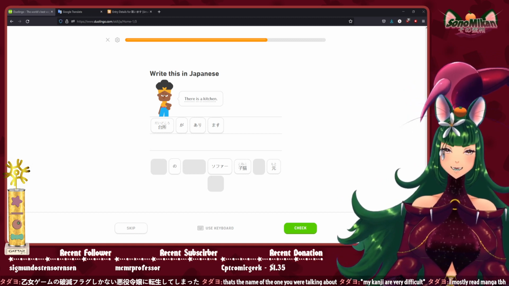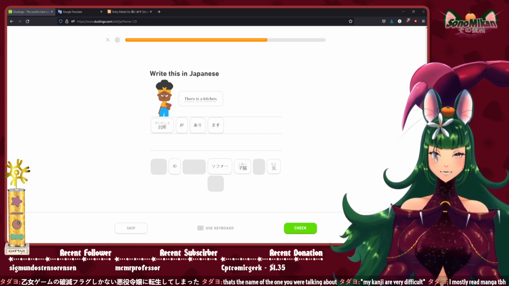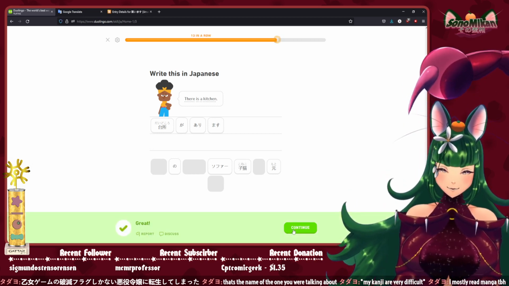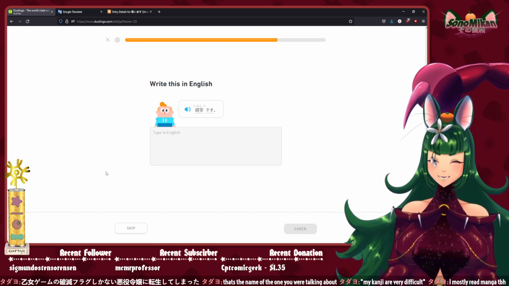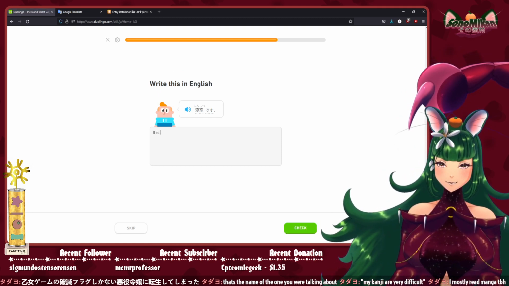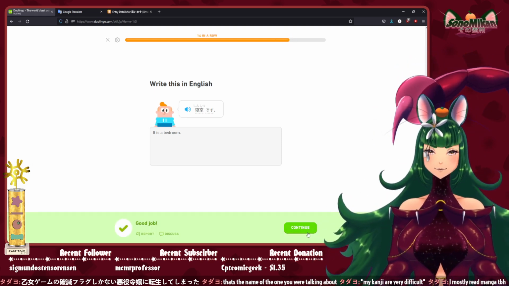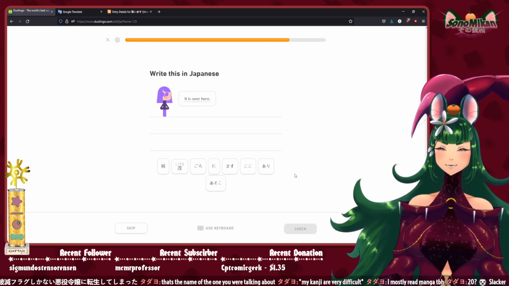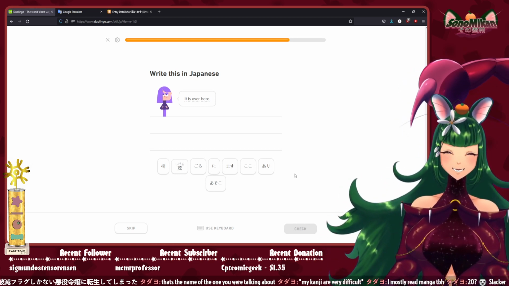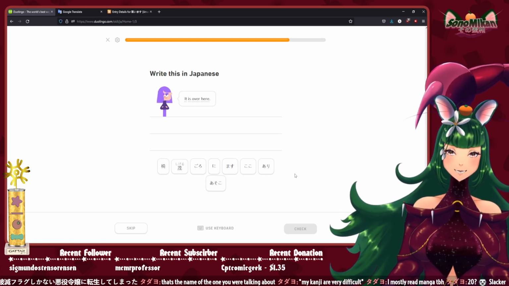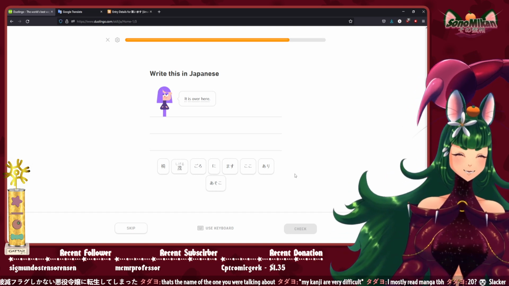I know maybe like 20, which means half of them are numbers. Shinshitsu desu. It is a bedroom. I know it's been so long. It might actually be closer to like 30, but it's been a while since I've studied.